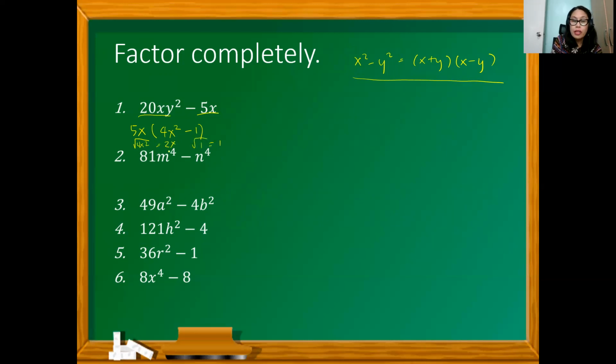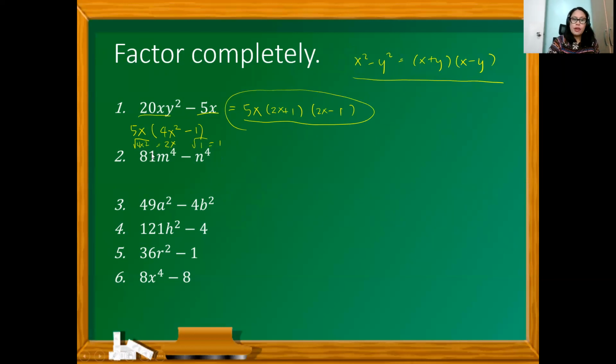This will serve as factors, but do not forget to write the GCF as a factor. Then we'll come up with two binomial factors, exactly the square root of both terms here. So we have 2x and 1, 2x, 1. One is addition, the other one is subtraction. So these are the factors.